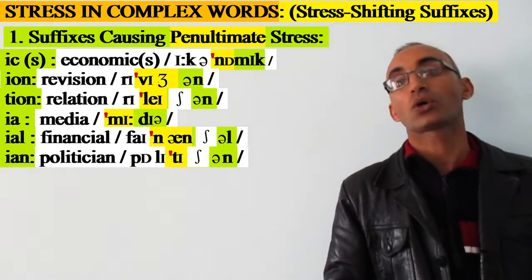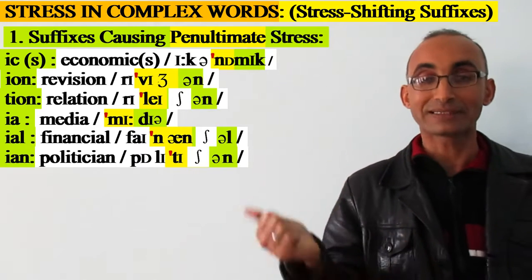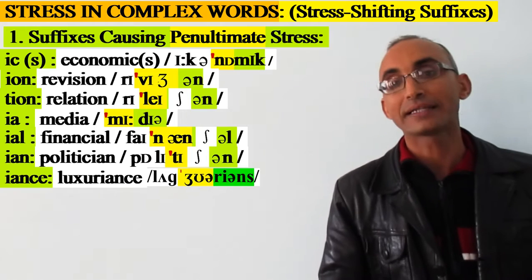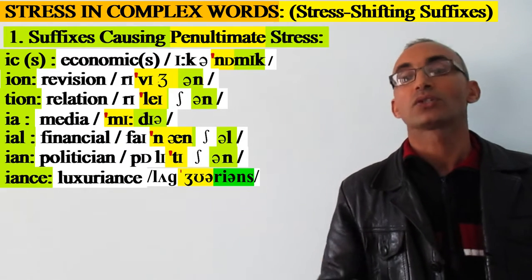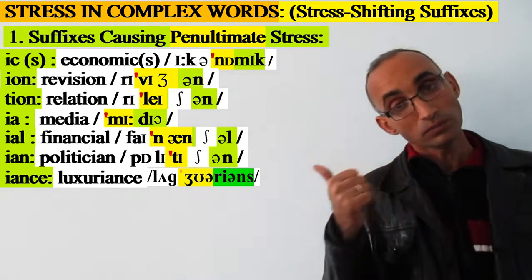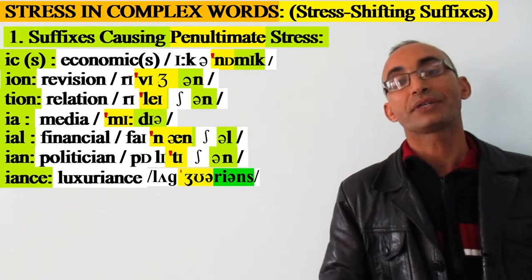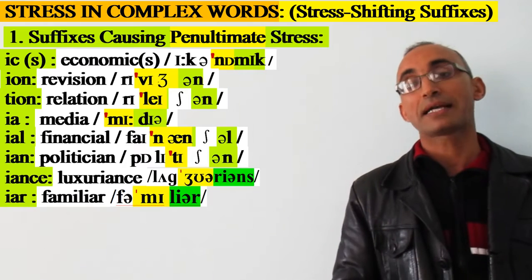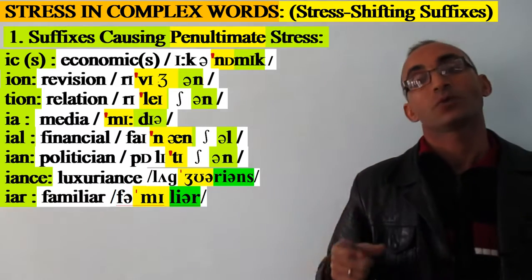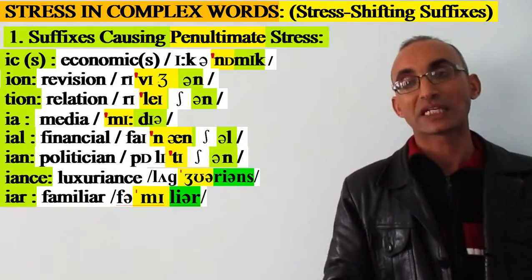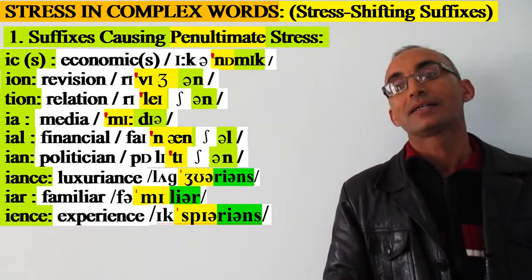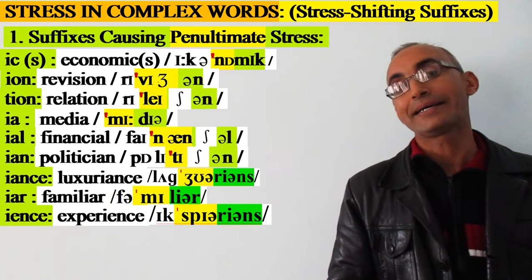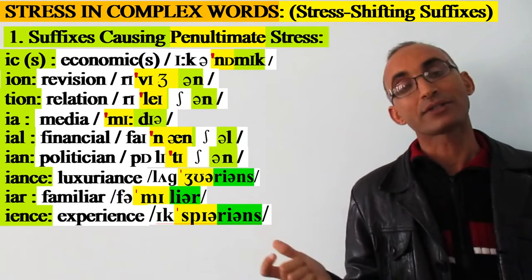Ian, like in politician, where we stress the syllable ti before the suffix shan. Also ious, like luxurious, where we stress zhu before the suffix rious. Also iar, like familiar, where we stress mi, the penultimate, directly before the suffix liar. Also ience, like experience, where we stress pe immediately before the suffix rience.